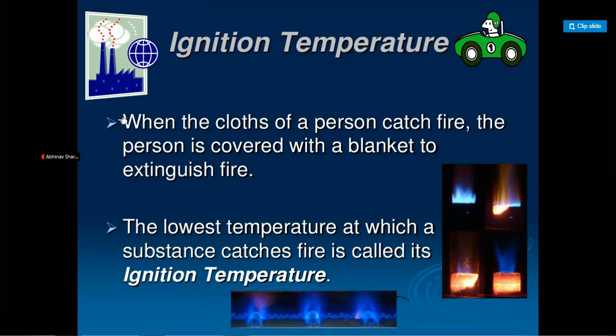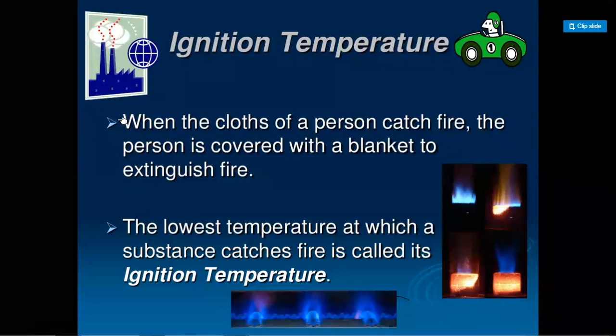Why will it not burn? Because dry leaves have a low ignition temperature, whereas in green leaves there is moisture present, because of which the ignition temperature is high. That's why the green leaf will not burn as easily as the dry leaves.